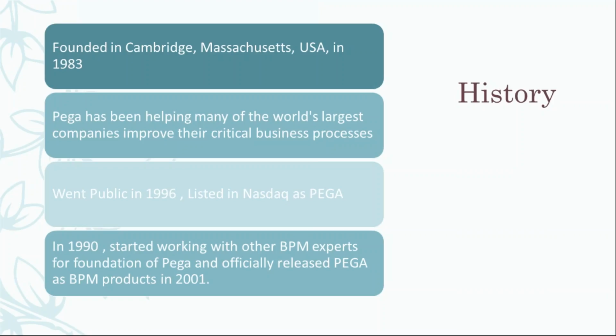Finally in 2001 they released Pega as an official BPM product, the same time when all the other 4GLs died because of the internet. They went public in 1996 and listed on NASDAQ under the Pega brand.